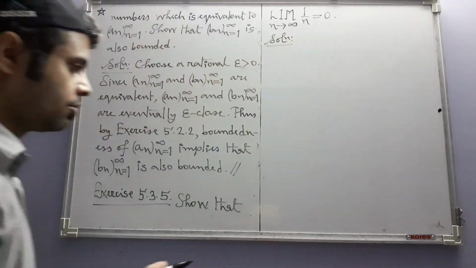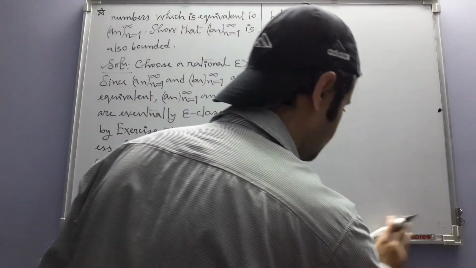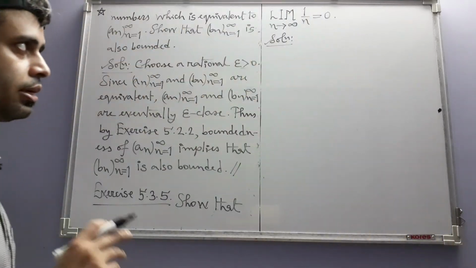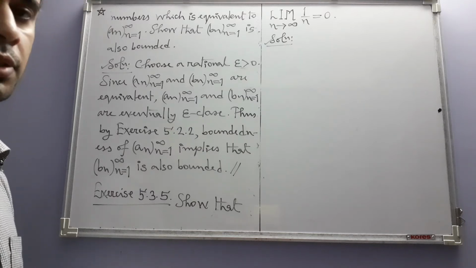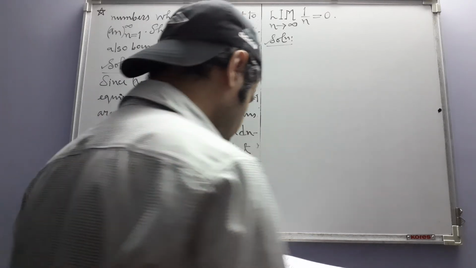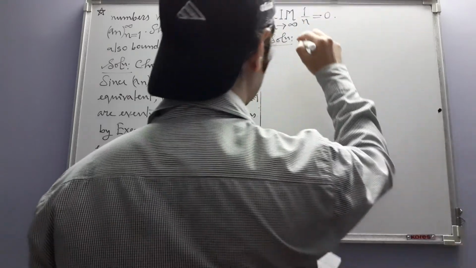We have already proved in a previous result that the sequence 1 by n is actually a Cauchy sequence. So we are going to recall that fact.